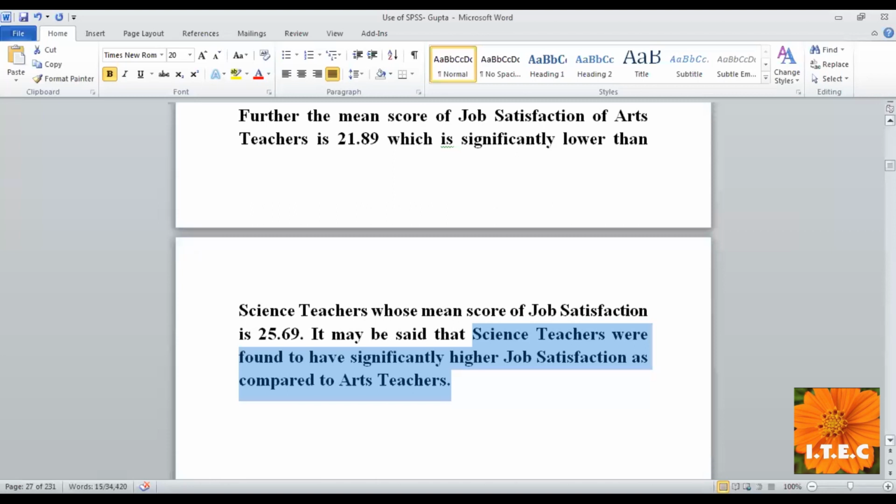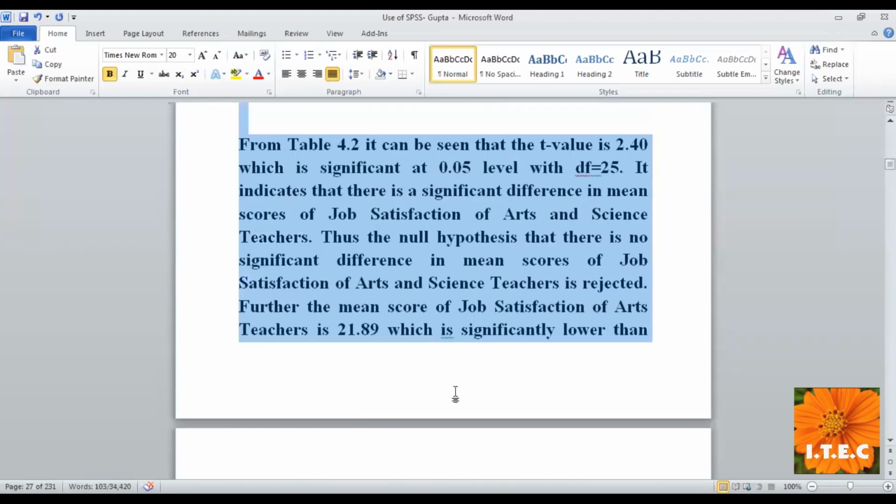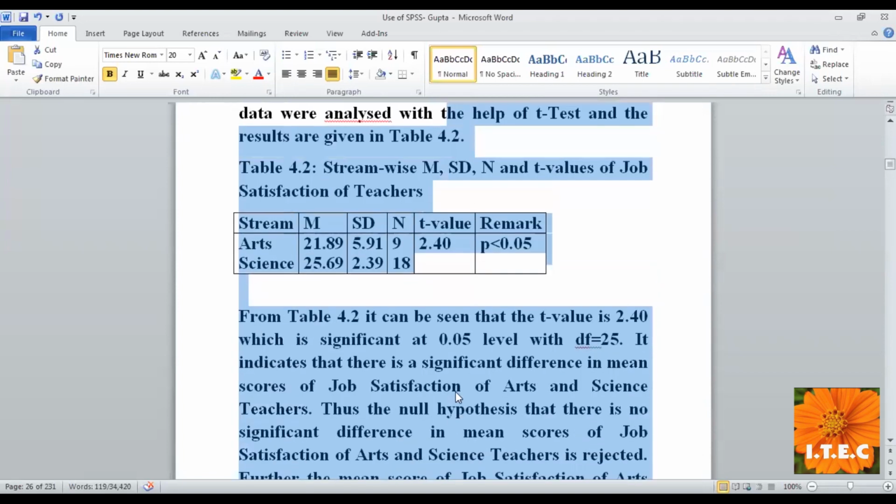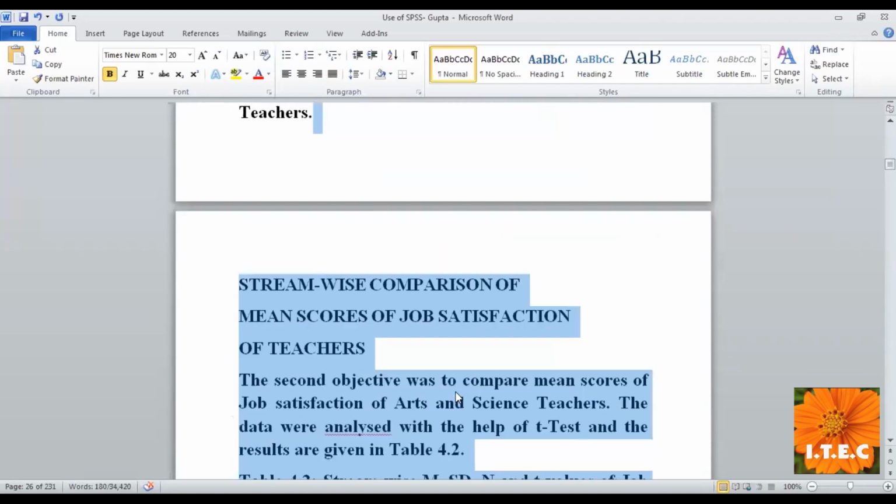The data remain the same, the calculations remain the same, the t-value will remain the same, only the change in the interpretation. Let us see what will be the change. So I'm copying and pasting, and then I'm trying to tell you how exactly it has to be done.